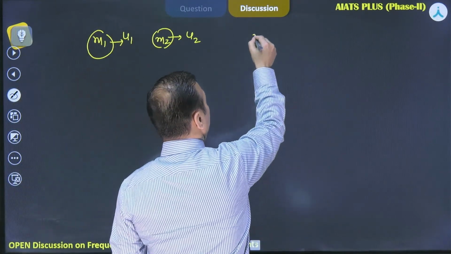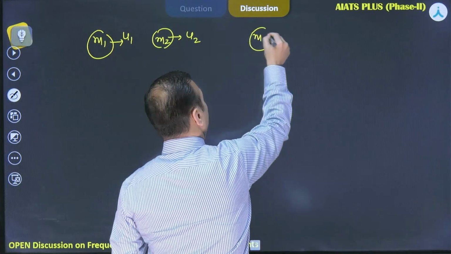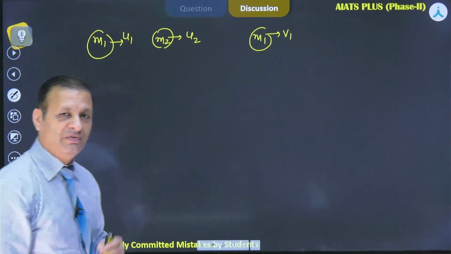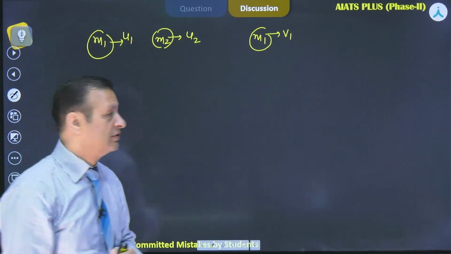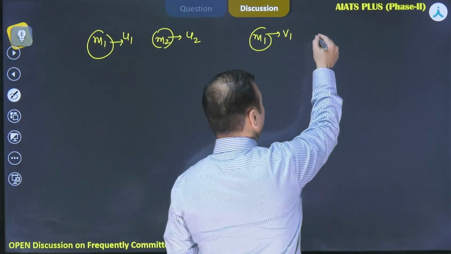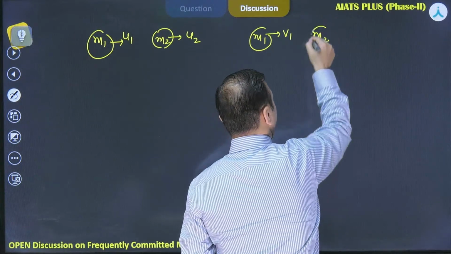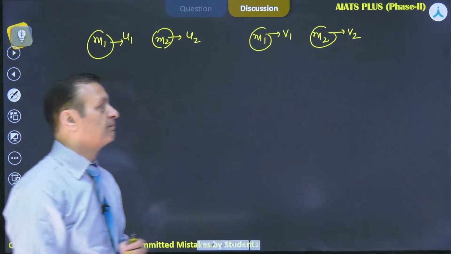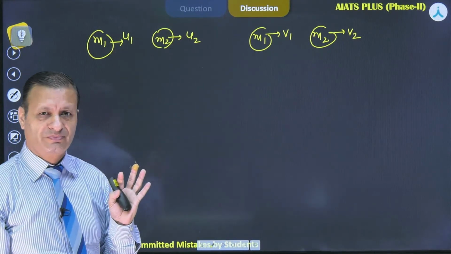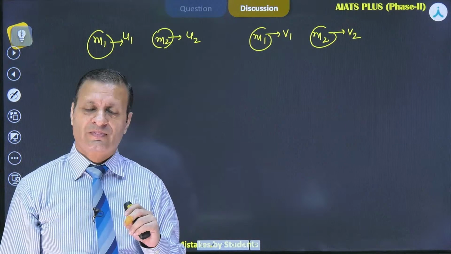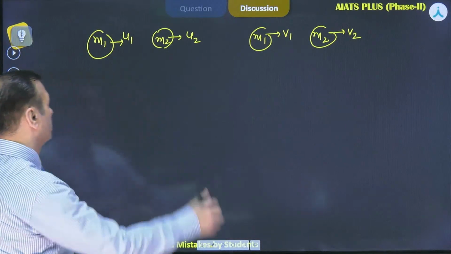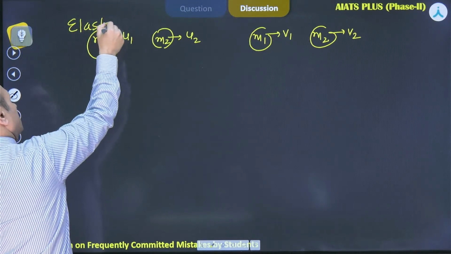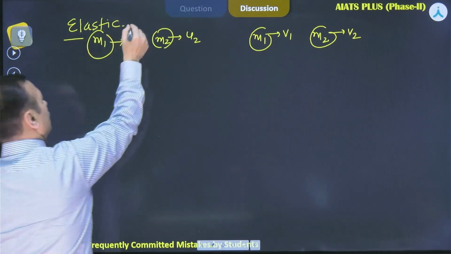After collision, this mass will have speed v1 along the same line of direction, and the other mass m2 will have speed v2. You got it? And we are assuming it as an elastic collision.